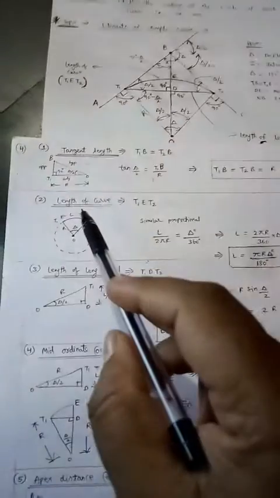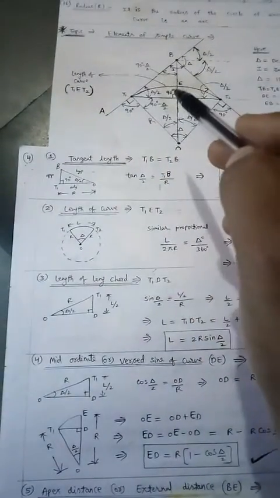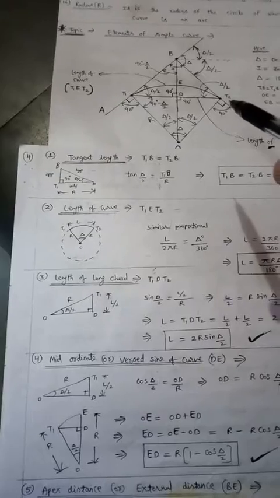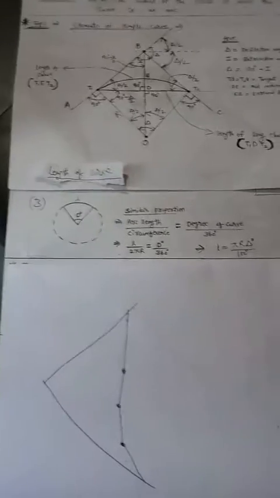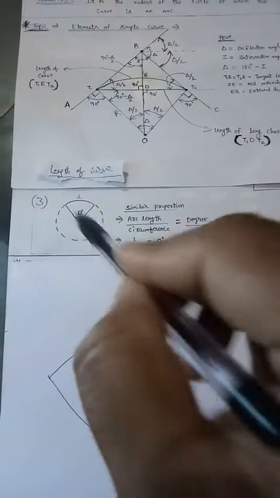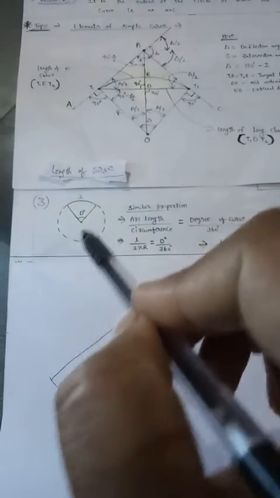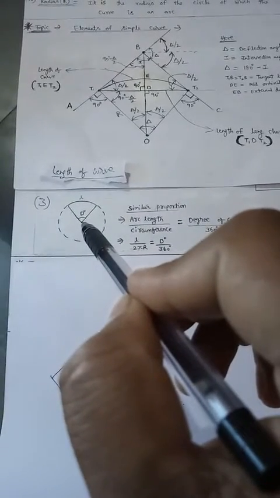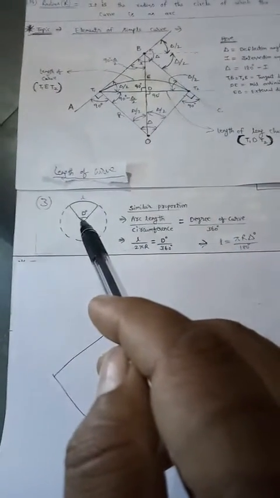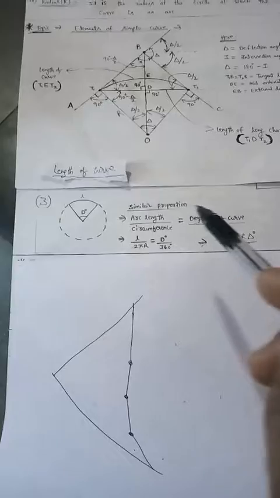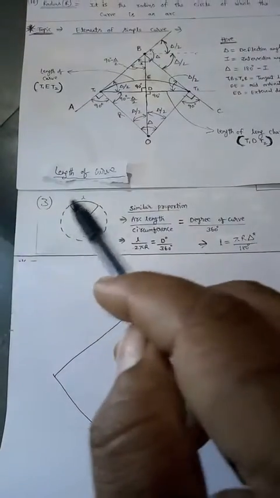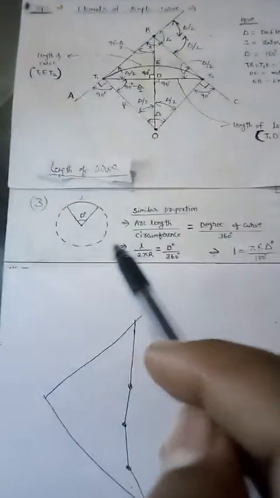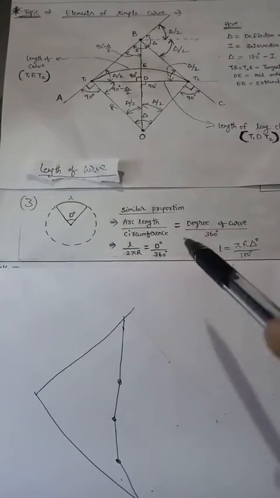The next element of a simple curve is length of curve. In this figure, the length of curve is T1ET2. This is the circumference, this is the arc length, and this is the center of the circle. D degree is nothing but the degree of curvature. From similar proportion, arc length by circumference equals degree of curvature by 360 degrees.